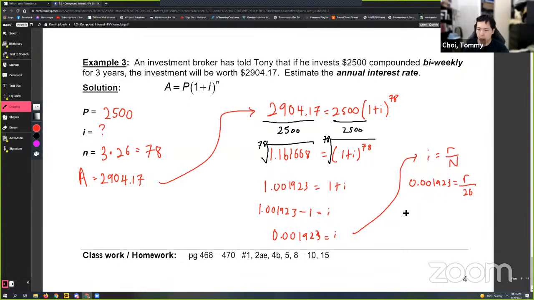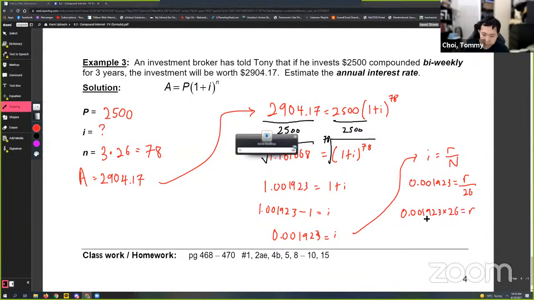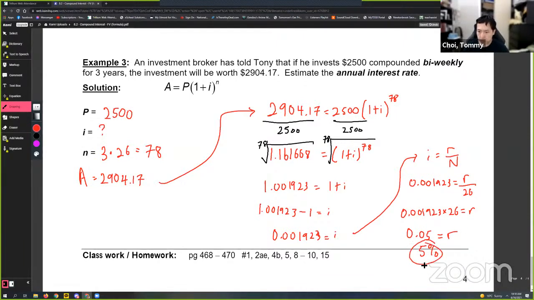And you have to multiply that out. And that gives me approximately 0.05 rounded, which means the rate is 5%. The annual interest rate was 5%.